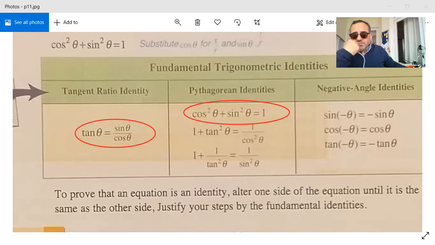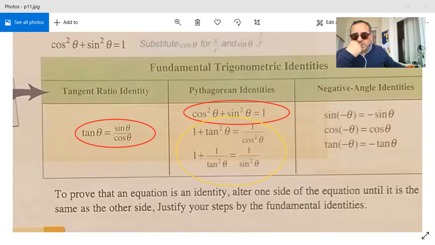But for this year, the third and fourth are also included: 1 plus tan square theta. All that will be important for this year.